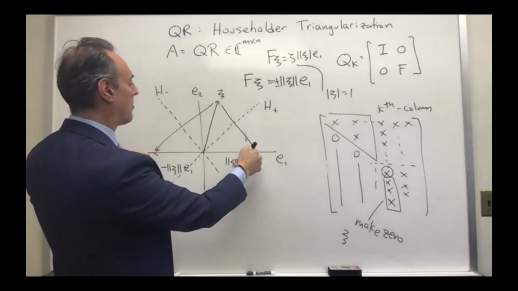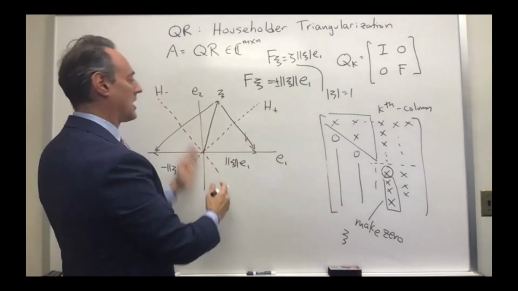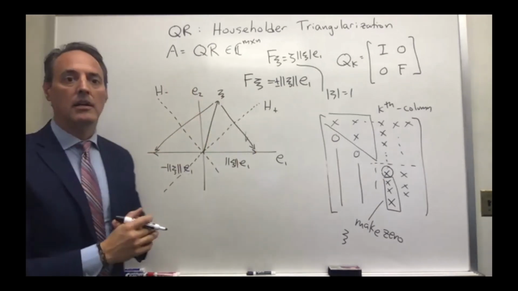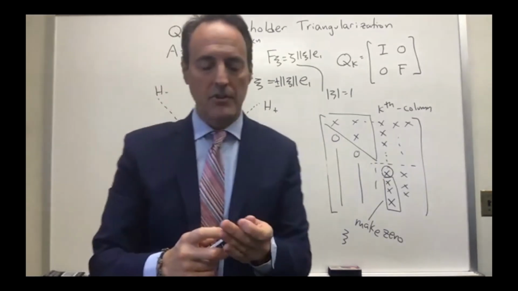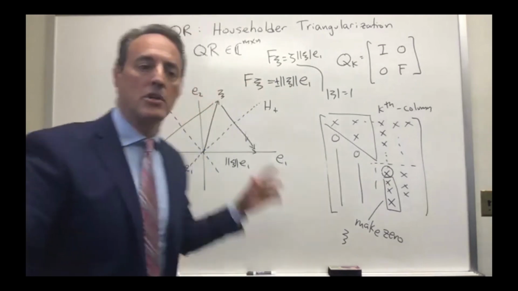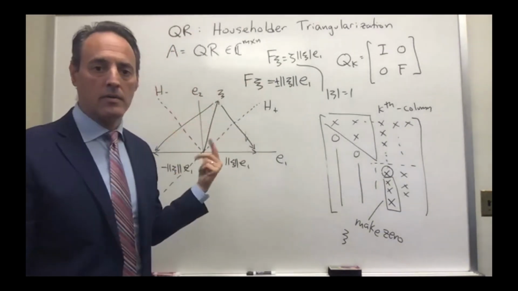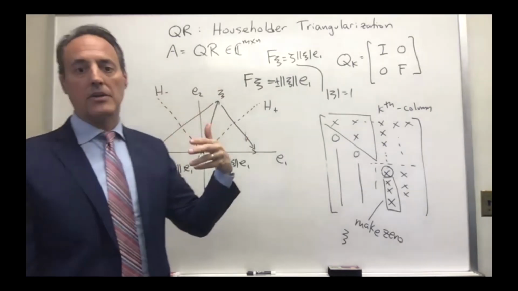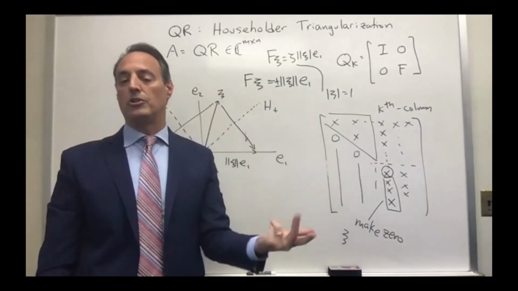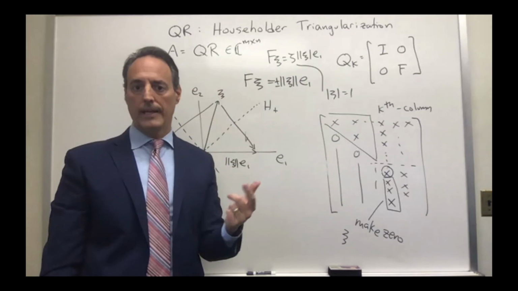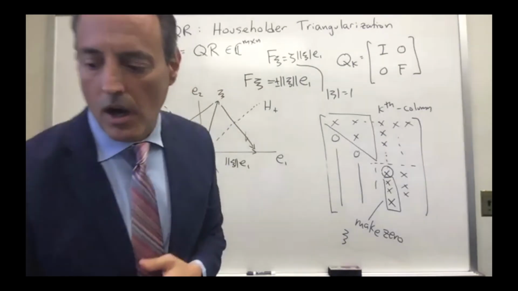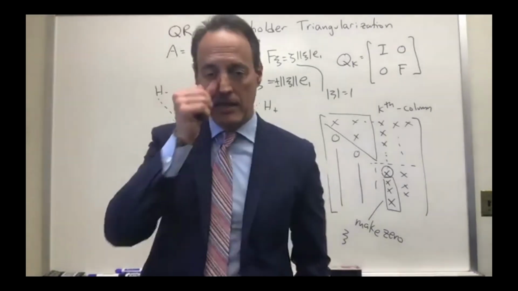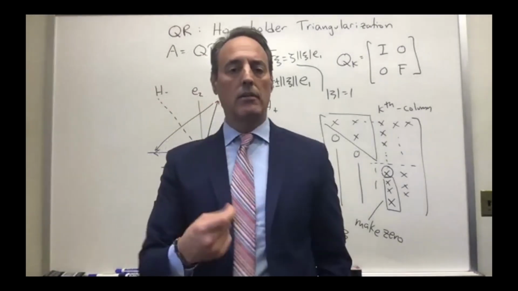However, if I use this point, the cut is well spaced. I'm going to get a very nice cut line for that hyperplane. So oftentimes people will choose some different hyperplane so as to take advantage of and exploit structure. Okay. All right. So those are the main ideas behind Householder triangularization.